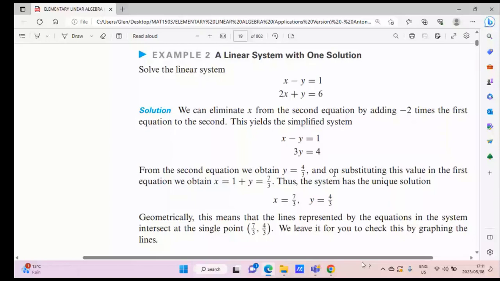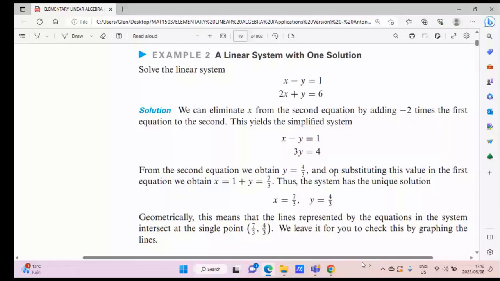Now, in this case, our solution will just be one, where our x will be 7/3 and our y value will be 4/3. That is what I'm trying to say in simple terms. That holds for all systems when we are determining whether a system has one solution, many, or no solution.